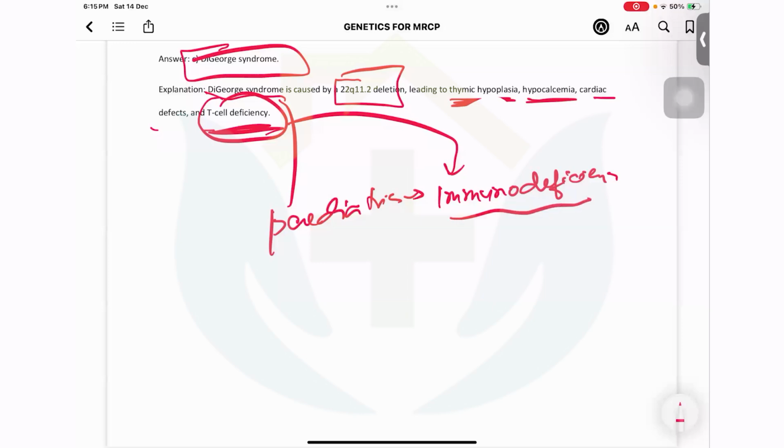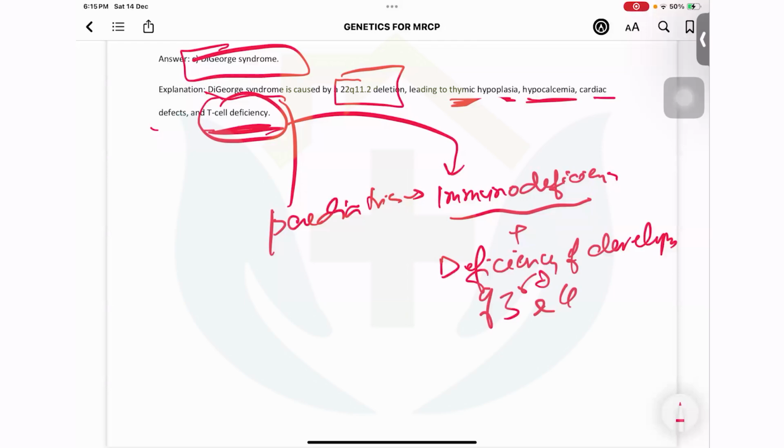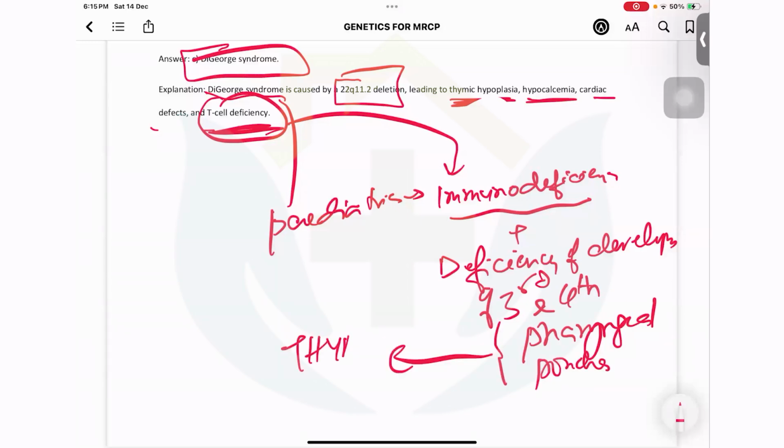An immunodeficiency disorder of T cells, and also there is a deficiency of development of the third and fourth pharyngeal pouches. So what is the tissue which is derived from the third and fourth pharyngeal pouches? Thymus.